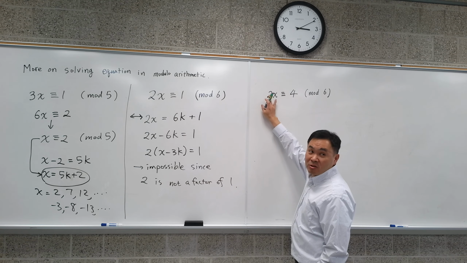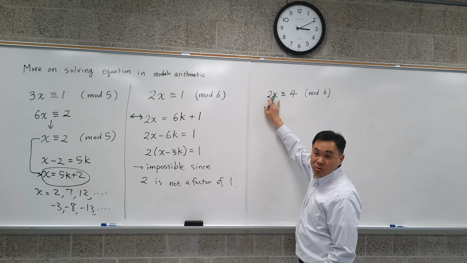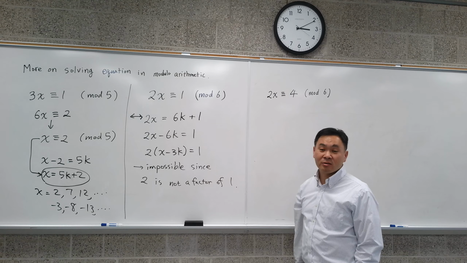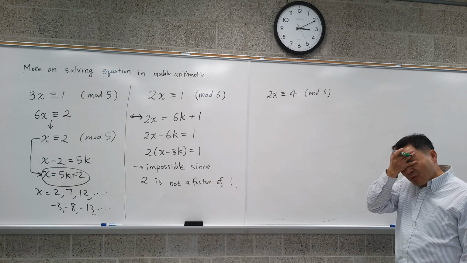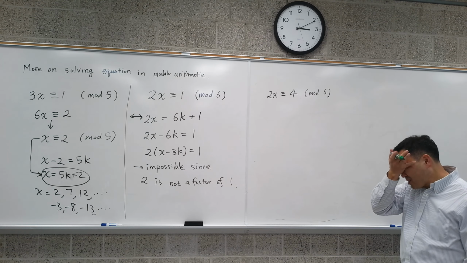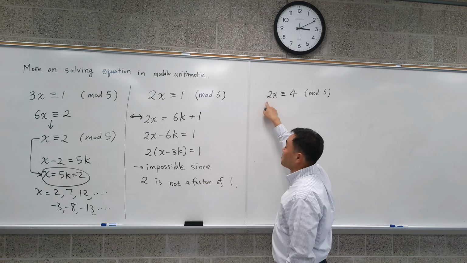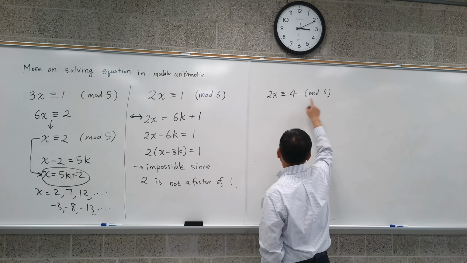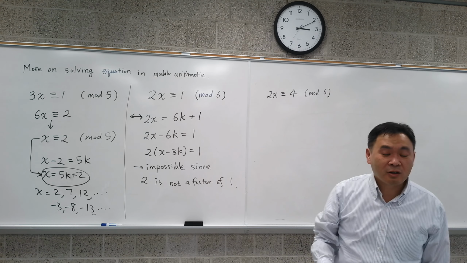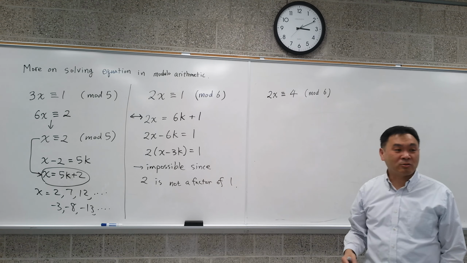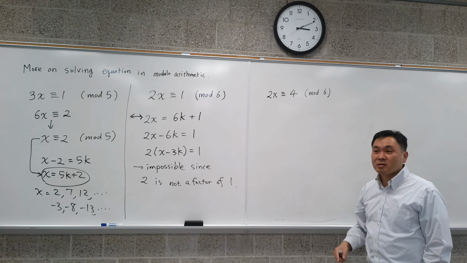There's no way to multiply a number by this 2 to get a 1. It simply doesn't work. And if you think about it, the reason is anything times 2 will be an even number, right? And if you divide by an even number, the remainder will have to be an even number as well. So that's why there's no way to get a 1, okay? And this is in general true.